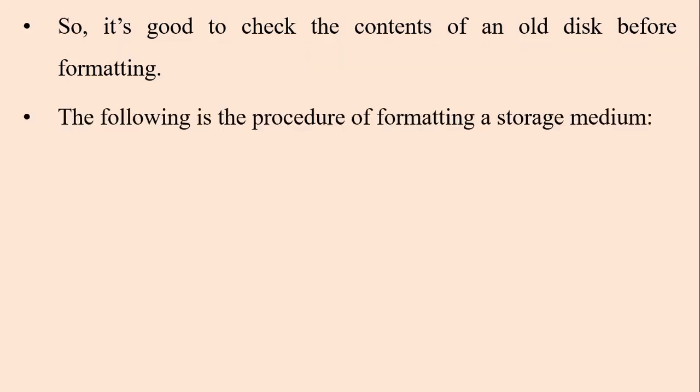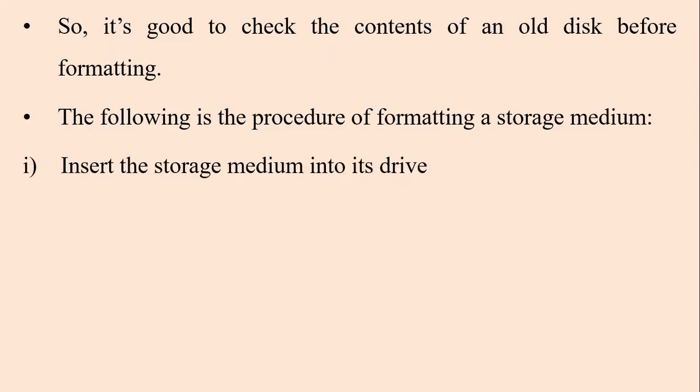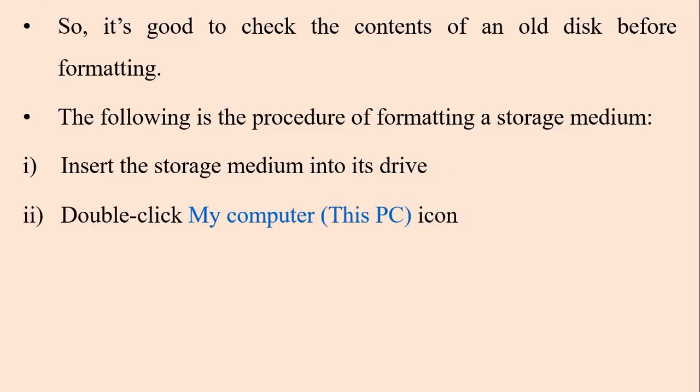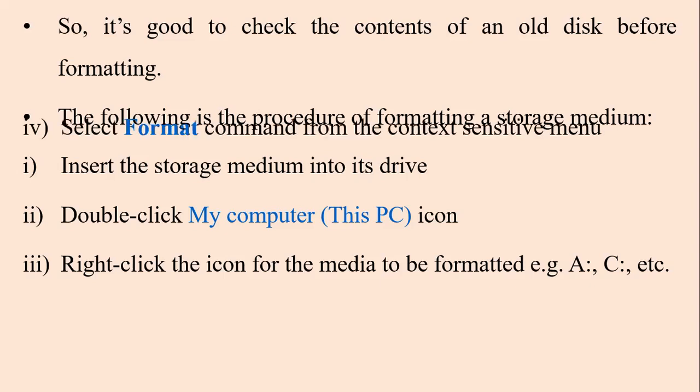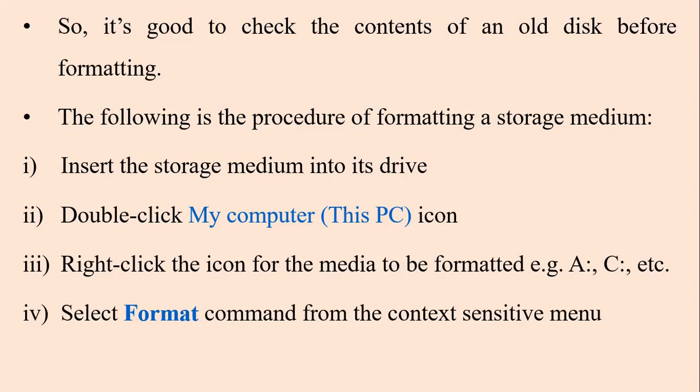The following is the procedure of formatting a storage medium. Number one, you insert the storage medium into its drive, and then you double click on the My Computer icon or This PC icon. From there, you right click on the icon for the media to be formatted, for example, A:, C:, D:, E:, F:, etc. Then from the context sensitive menu that will be displayed, click on the Format command.